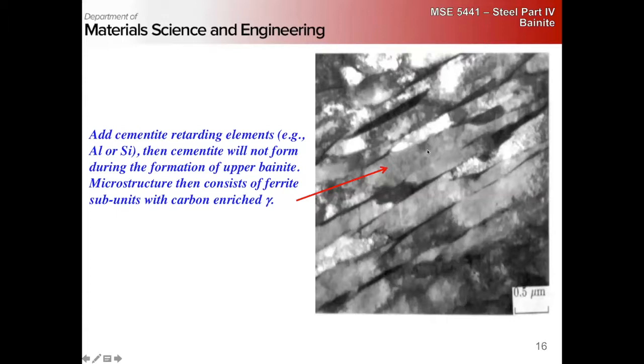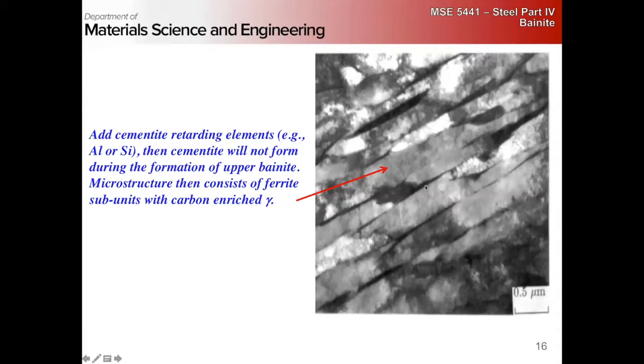So what you end up then is you have ferrite subunits with carbon-enriched austenite in between, right? So if you have an austenite stabilizer, like aluminum or silicon, right, you're not going to necessarily form the cementite.